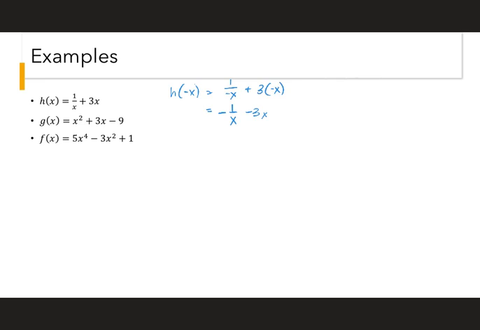So I have exactly the same terms as the original. I have 1 over x, I have 3x. In the original, they were plus and plus. In my current function, they're minus minus. So that means this function is considered odd. H of x is an odd function.